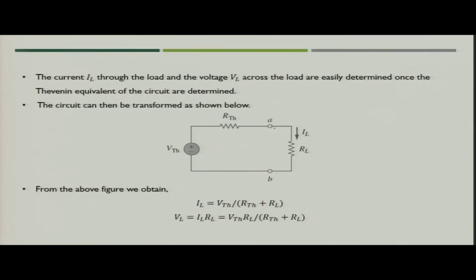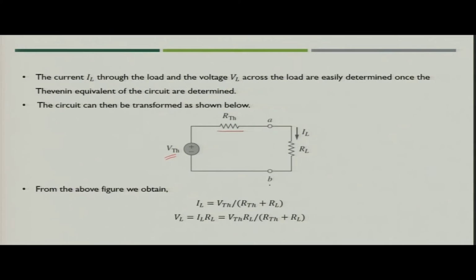Now, the circuit external to your load RL would be replaced by its Thevenin equivalent, that is VTH and RTH. So, in that case, RL would be your load, and there will be one resistance RTH, the Thevenin equivalent resistance, and both would be connected through a voltage source, which is nothing but the Thevenin voltage.